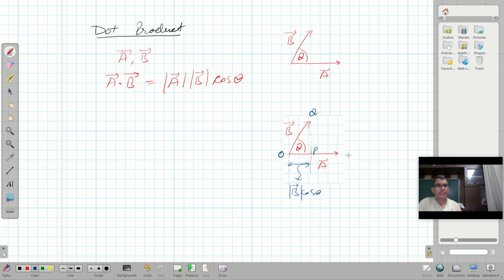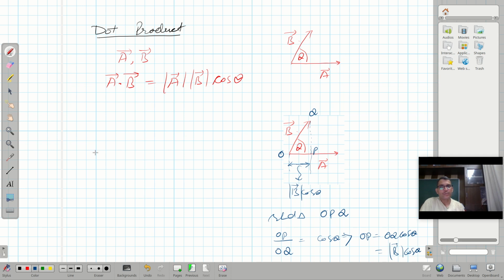If I consider a right angle triangle OPQ, then the side adjacent to the angle is OP, upon hypotenuse OQ, and it is nothing but cos theta. So OP comes out to be OQ cos theta, and OQ is nothing but the magnitude of B vector.